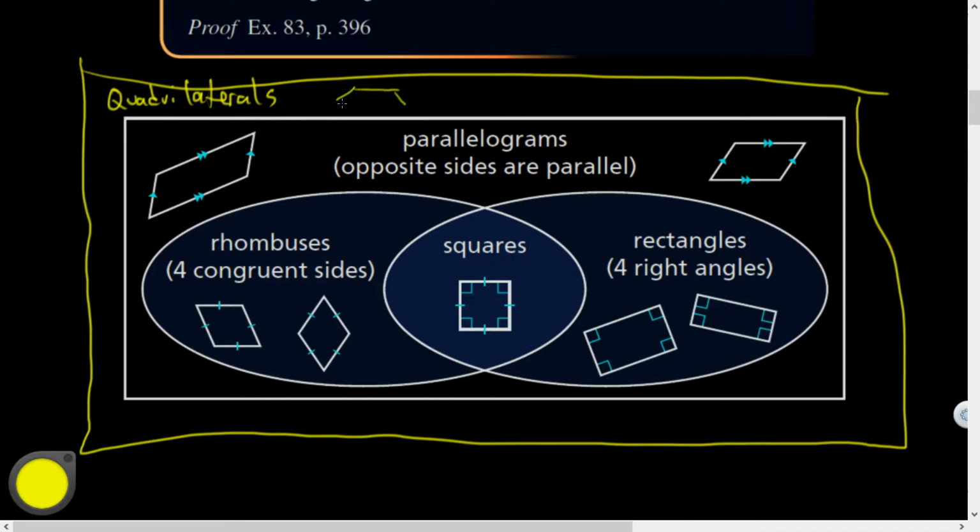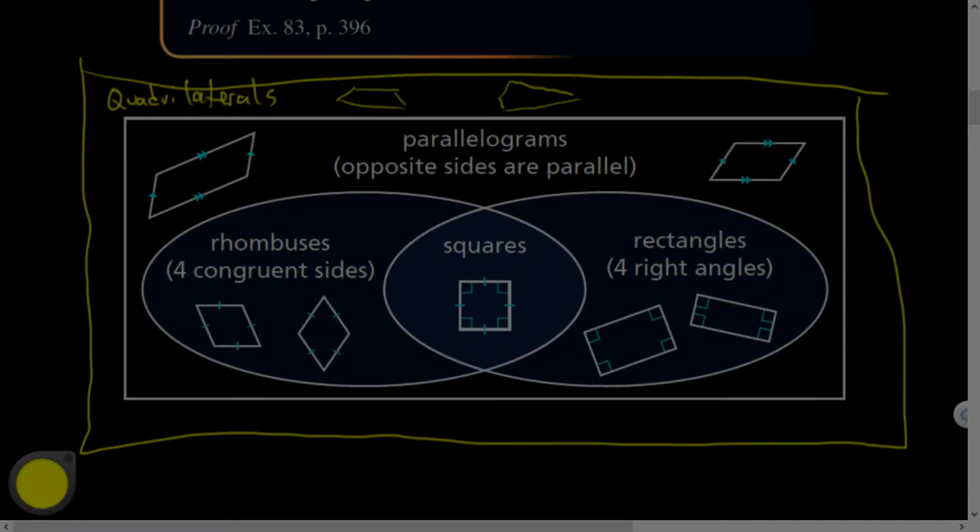A trapezoid, or any irregular four-sided polygon. Outside of the quadrilateral family would be polygons. Inside the parallelogram family, parallelograms are defined as opposite sides being parallel. Then we've got rhombuses, we've got rectangles, and the one that contains all of the properties is a square. So these are some special quadrilaterals.